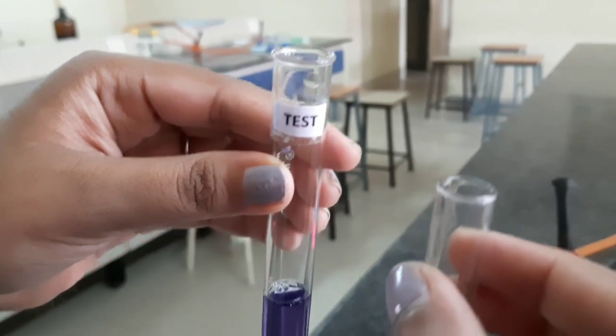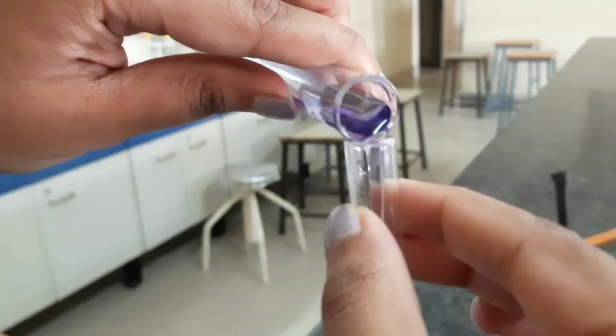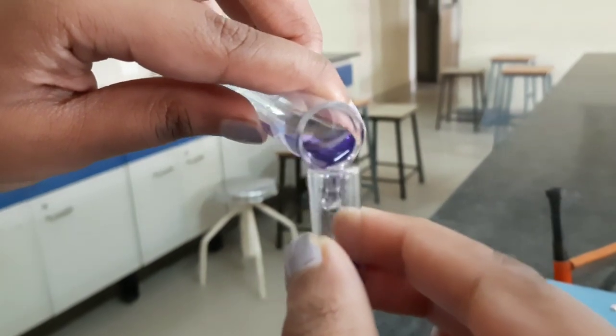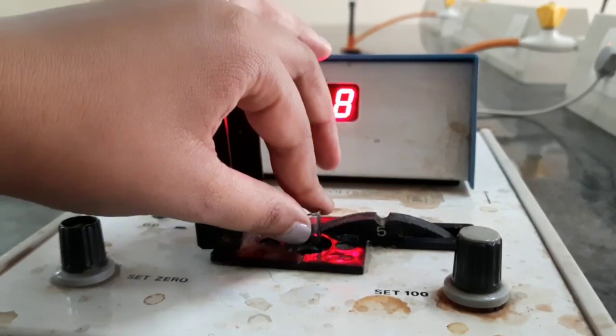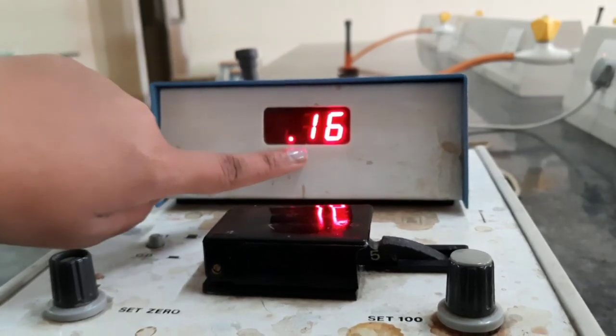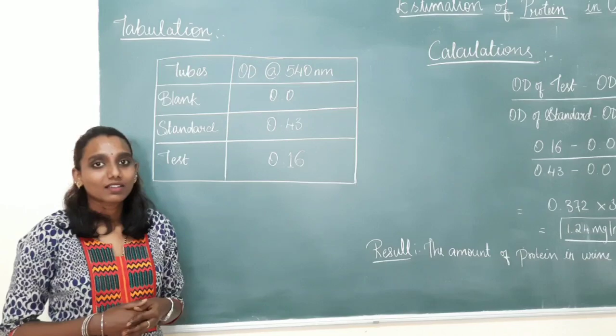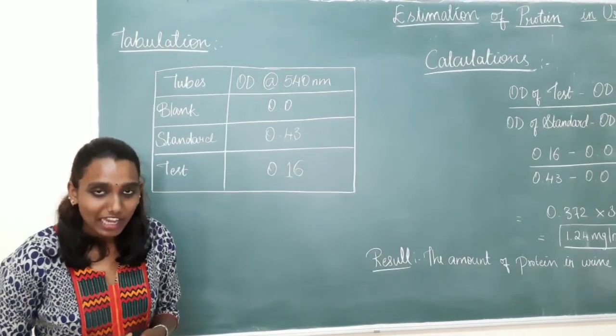Now we are going to transfer the test sample into the cuvette and measure the OD. The OD value for the test sample is 0.16.